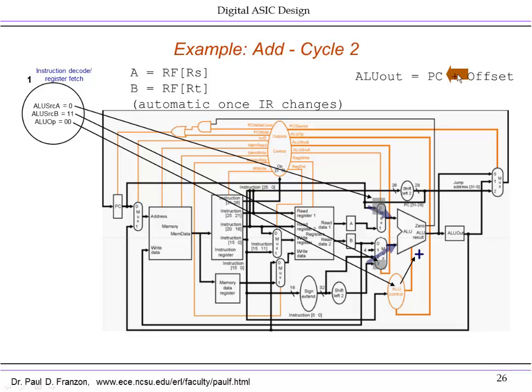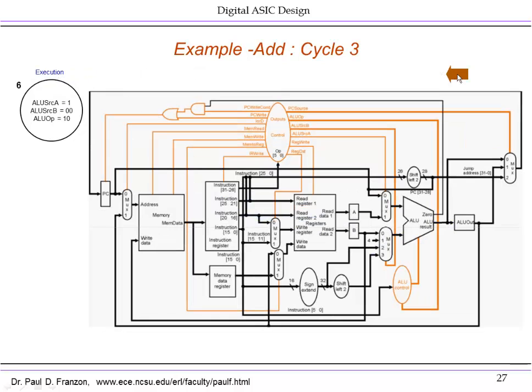In this state, we still don't know what the instruction is until during the state. It is calculating the branch target address and writing to A and B automatically because the instruction register changes. This state is the execution state for the ALU, doing the ALU operation.